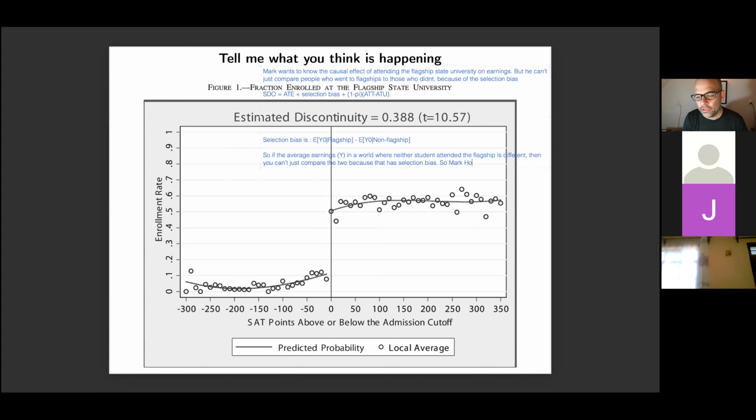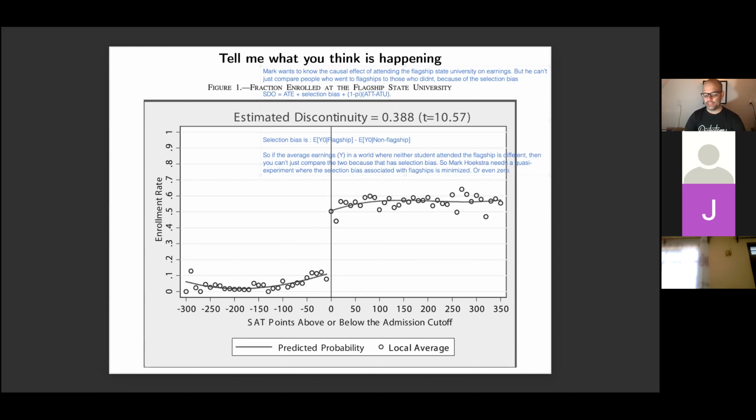So Mark Hoekstra needs a quasi experiment where the selection bias associated with flagships is minimized, right? Or even 0. Okay, that's what he's looking for.